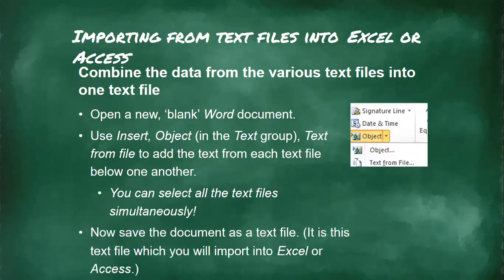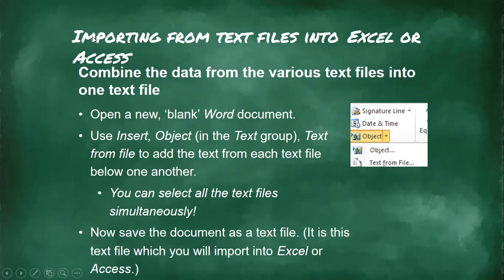But guys, since I don't have this kind of data, files, one text file, that's what you must do in a new blank Word document. You can select all the text files simultaneously. Now save this as a text file.